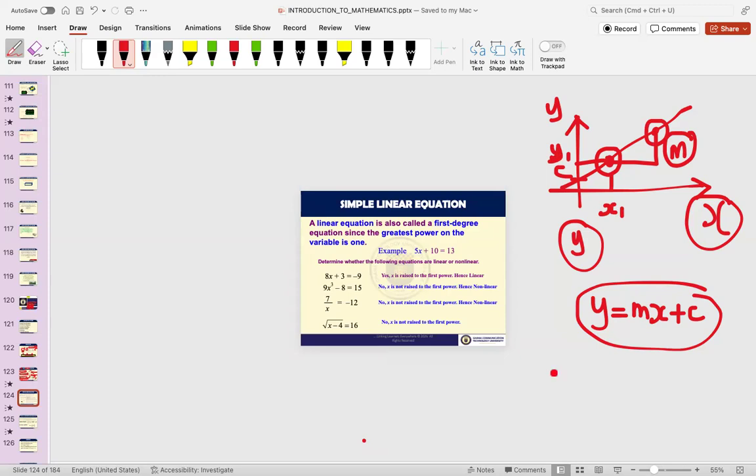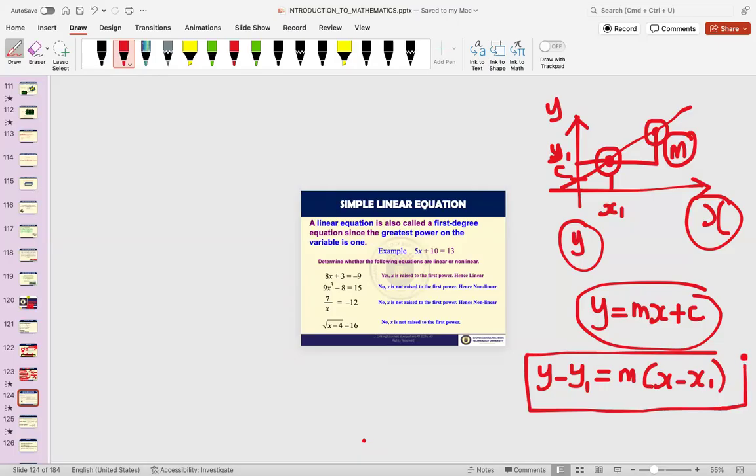That's the last one you saw. y minus its starting point is equal to m into x minus its starting point. And this was the equation that gave you the point slope form.